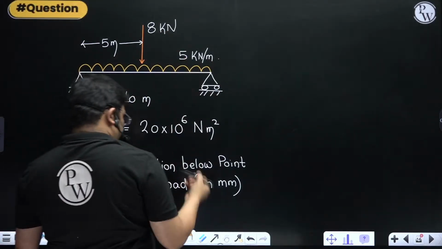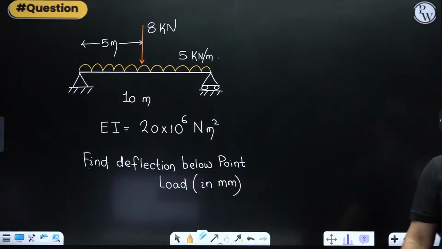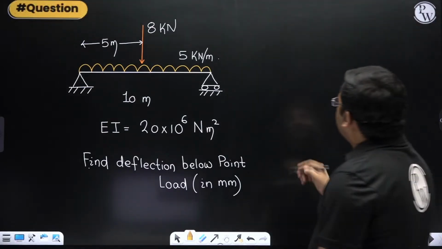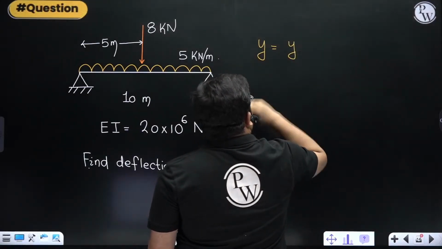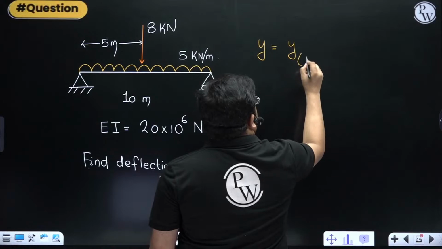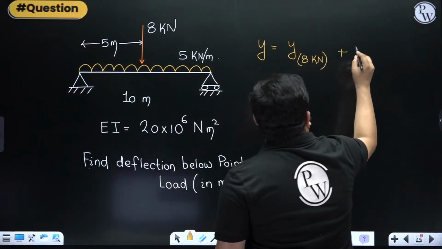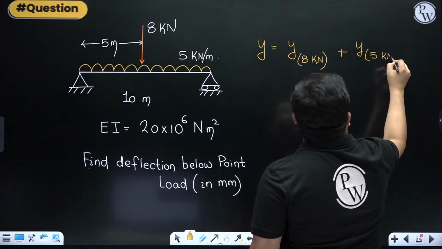So what to do? Very easy. Here we can superimpose the deflections. We can find the deflection due to that 8 kilonewton load and the deflection due to this 5 kilonewton per meter load, and then add them up, right?